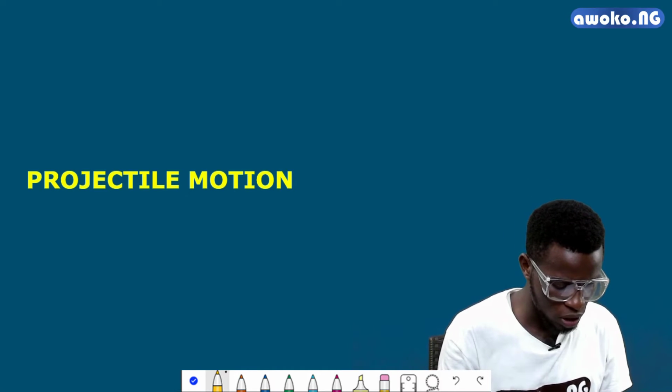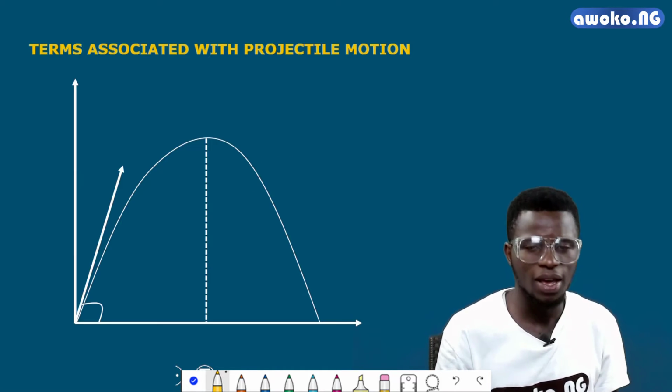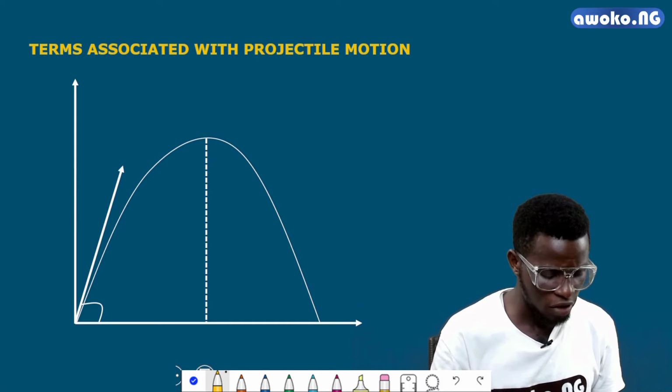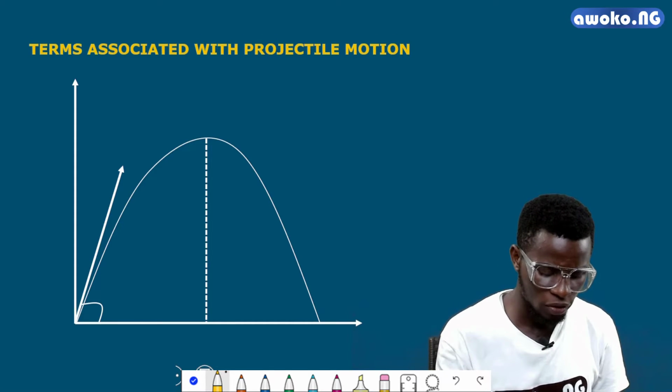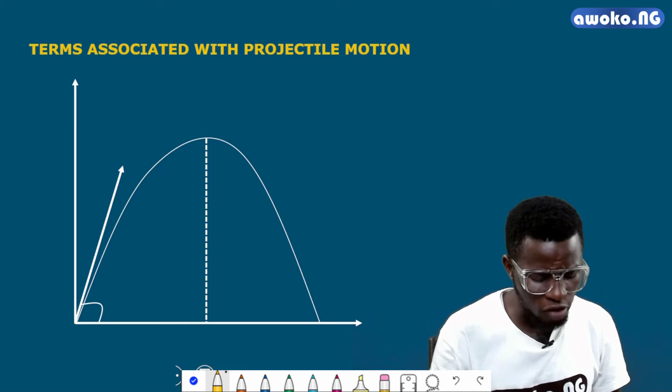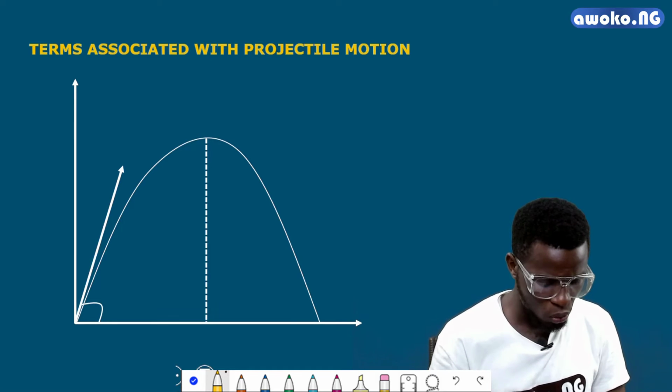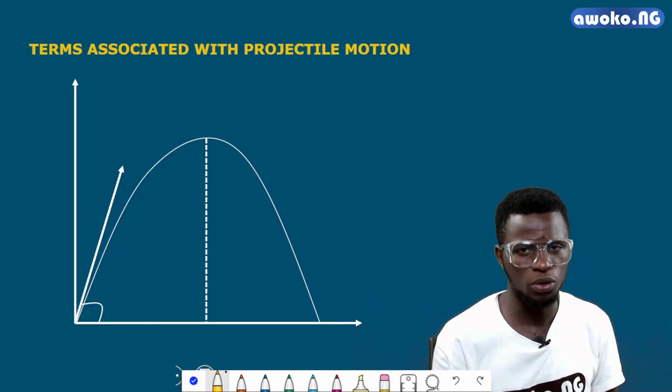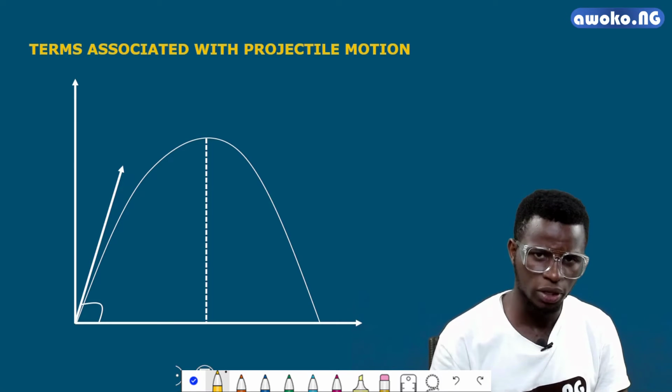The first one we will consider is the angle of projection. If you consider the figure we have over here, the angle of projection is the angle which the direction of projection makes with the horizontal plane.